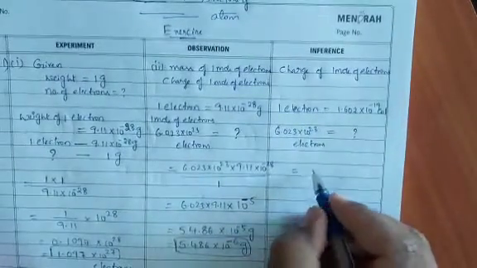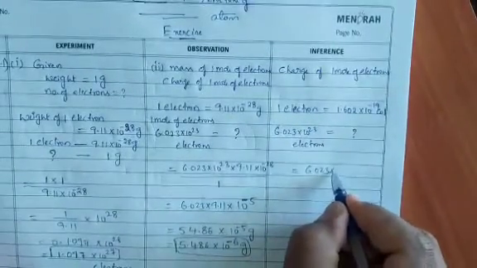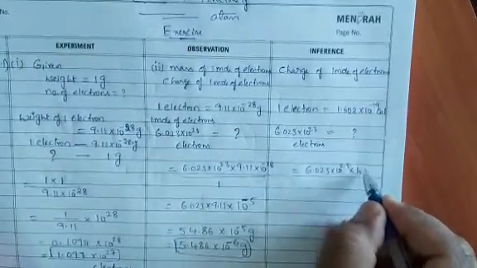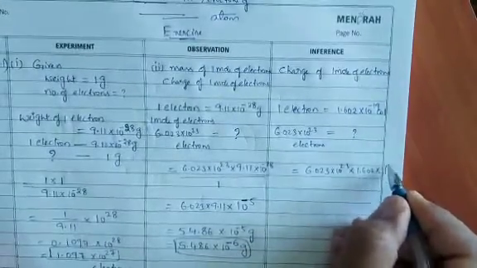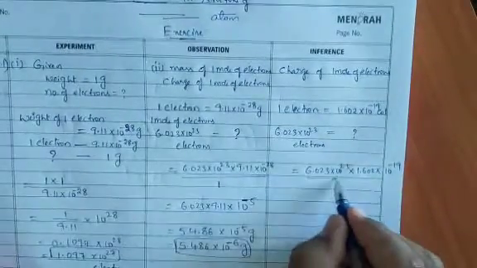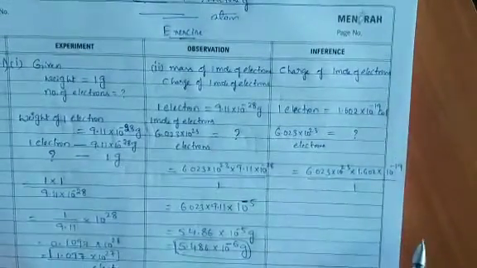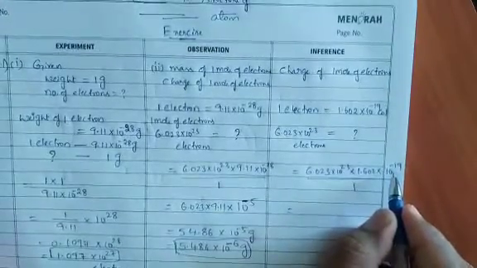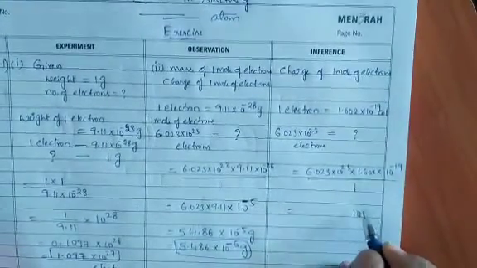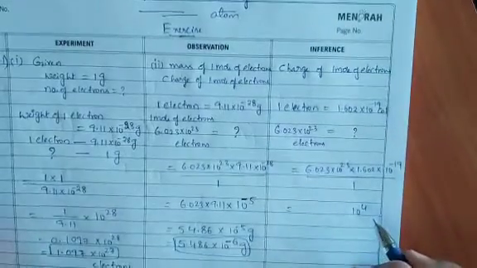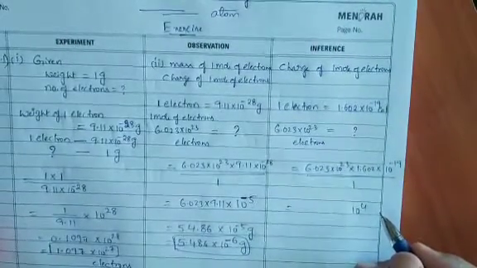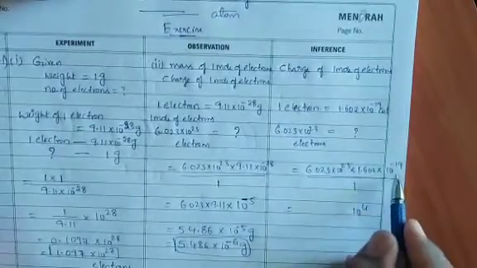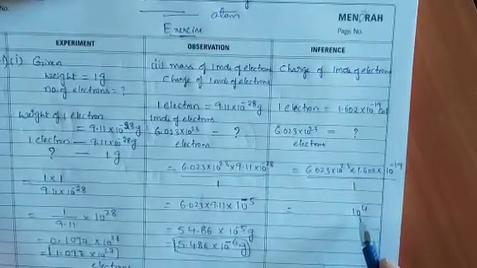So it is equal to 6.023 into 10 power 23 into 1.602 into 10 power minus 19 divided by 1. 10 power 23, 10 power minus 19, it will become 10 power 4.